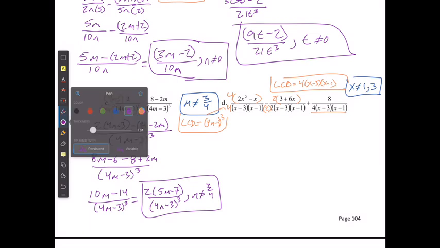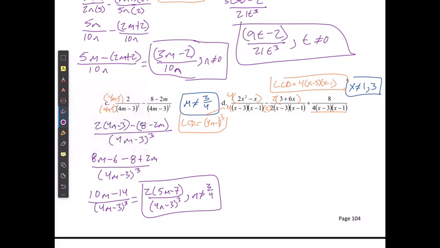So what I actually have here is 4 times 2x squared minus x minus, watch these signs in between, 2 and 3 plus 6x, and then plus 8, all over 4 times x minus 3, x minus 1.